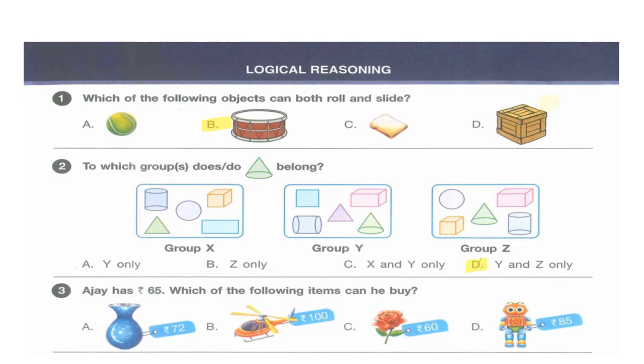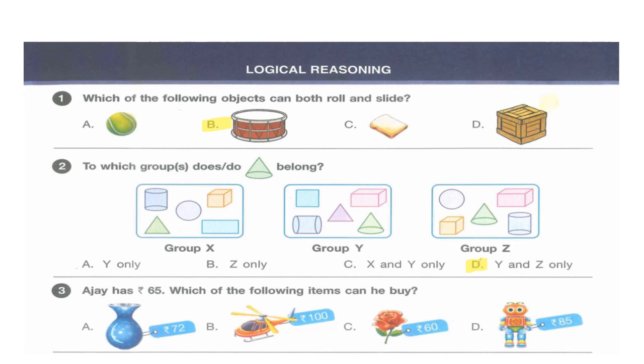From the groups we can make out that the cone is in group Y and group Z. Hence the correct option is option D, which says Y and Z only.